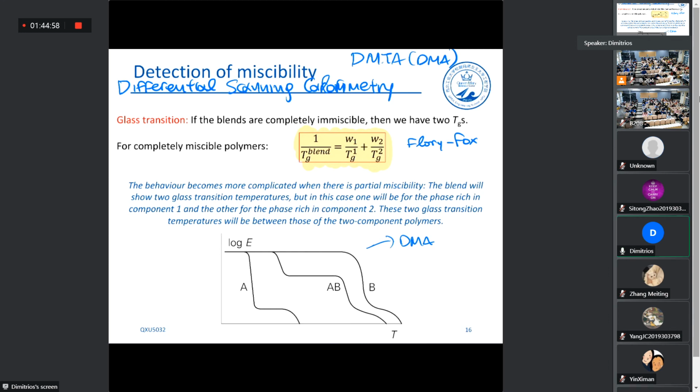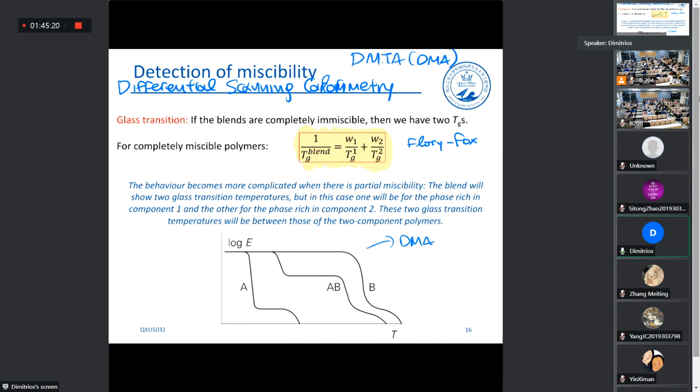Okay, where the inverse of the glass transition of a blend is equal to the weight of the first polymer over the glass transition of the first polymer, plus the weight of the second polymer over the glass transition of the second polymer.